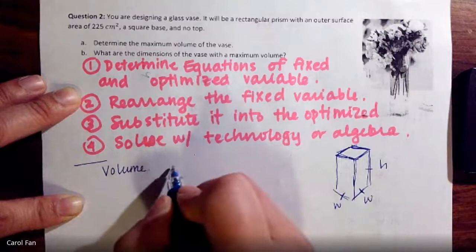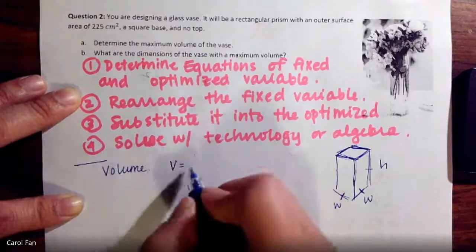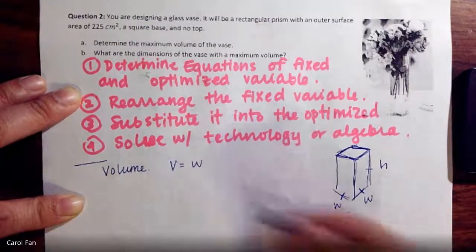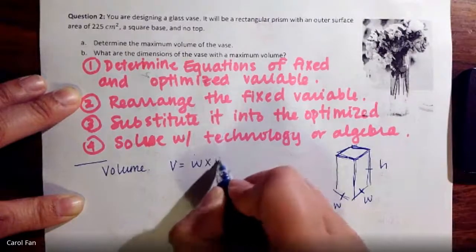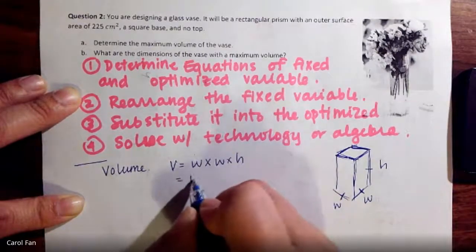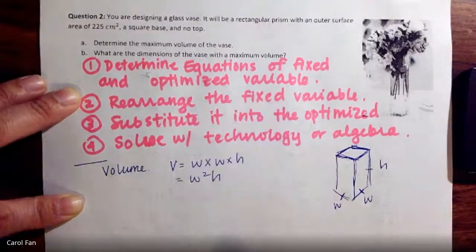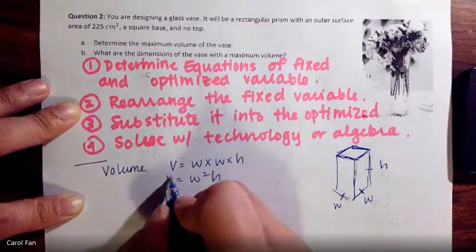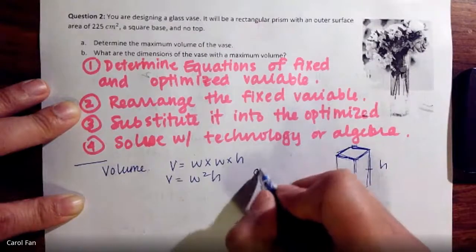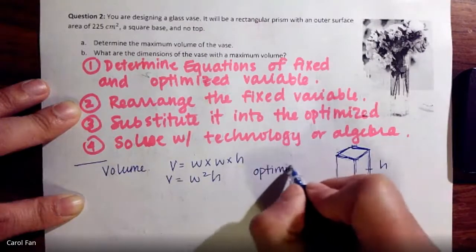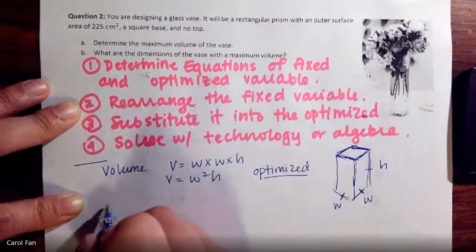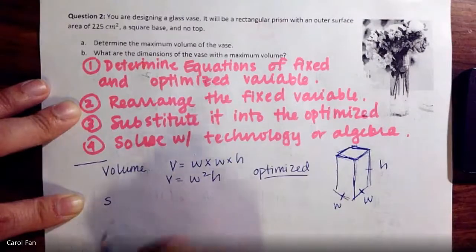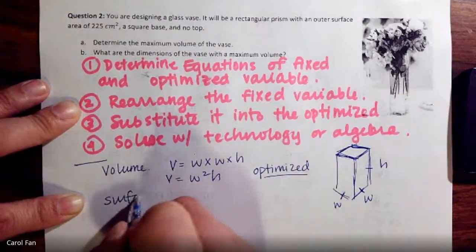So volume in this case is length times width times height, which is W times W times H. I'm going to rewrite that as W squared times H. This is our optimized value. The second one that we have is surface area.